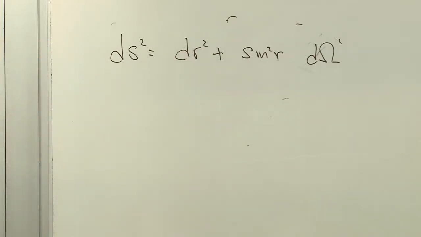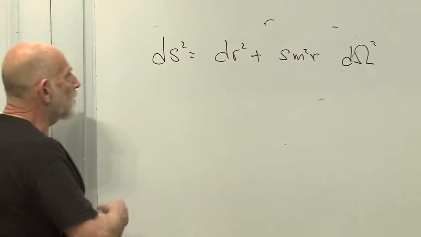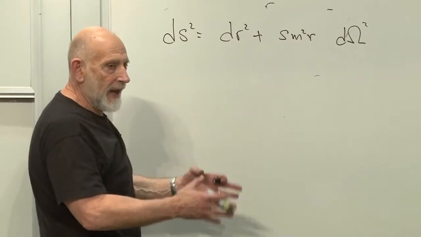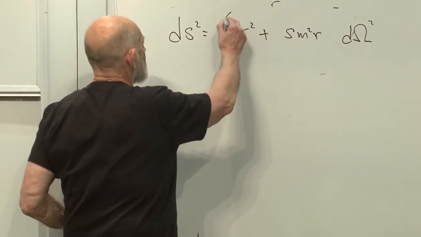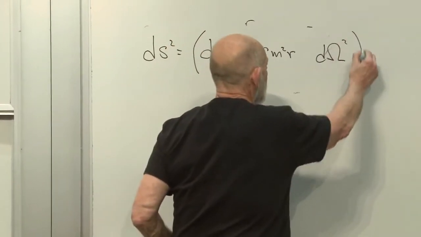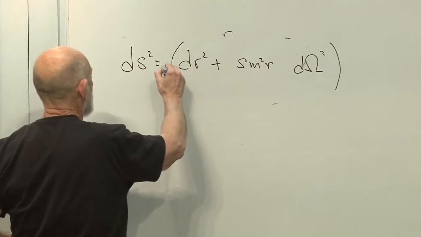Okay, now supposing I want the sphere whose radius is not 1, but whose radius is little a. What do? I just multiply all sizes by a, and sizes squared get multiplied by a squared.